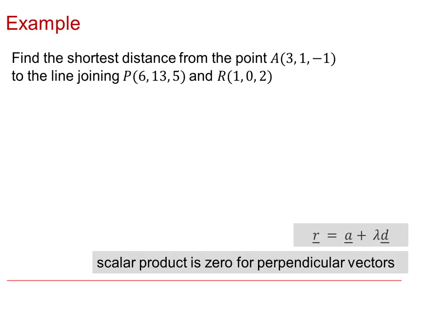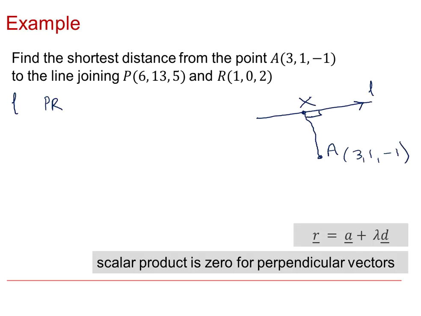We know that the line L will be in effect the line PR, and we know that this will have X lying on it, where X is going to be a perpendicular distance away from A, which is 3, 1, minus 1.